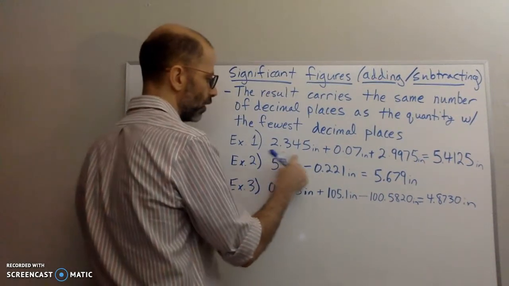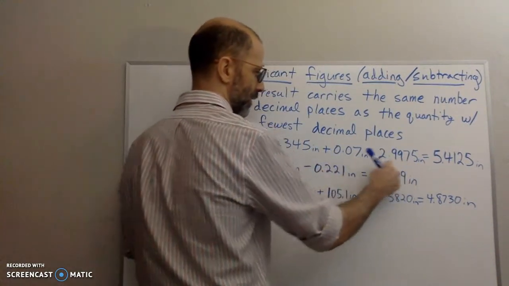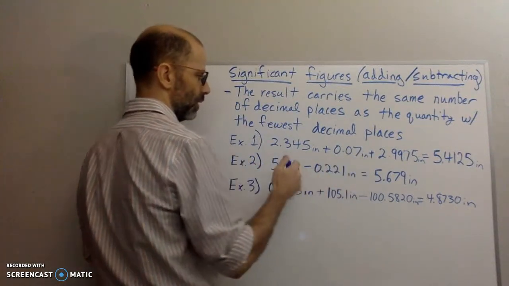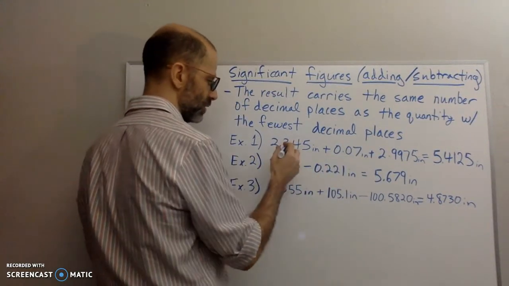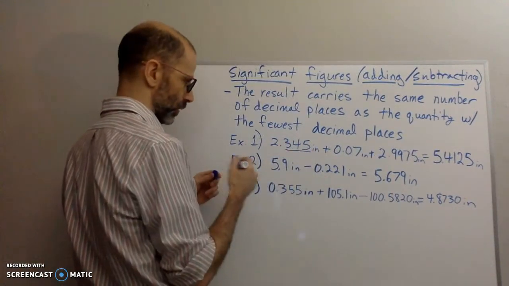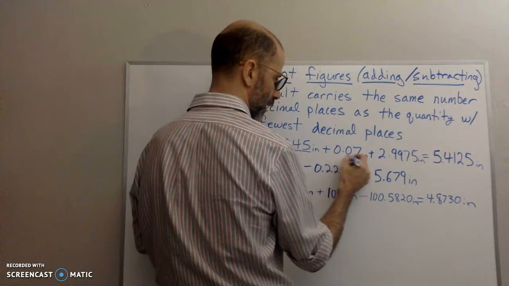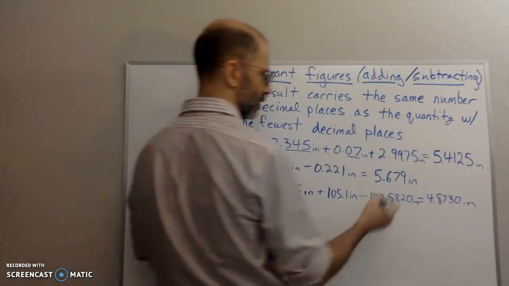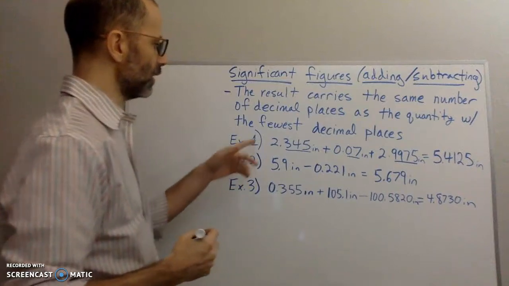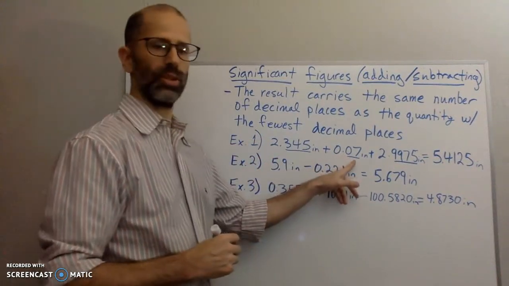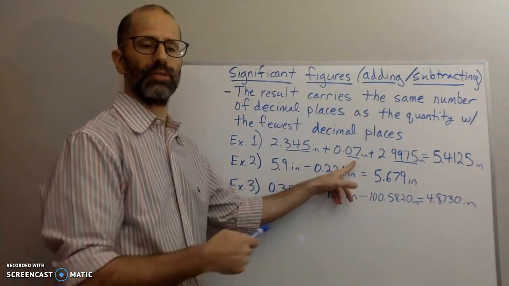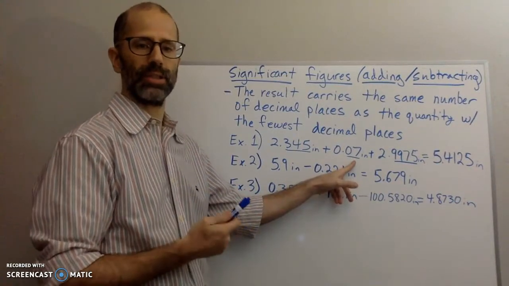So you look at your quantities that you added together, in this case we're adding, and you say, okay, this quantity has three decimal places, this quantity has two decimal places, and this quantity has four decimal places. So the least number of decimal places is 2. That means your answer can only have two decimal places. So you're only allowed to keep 2.